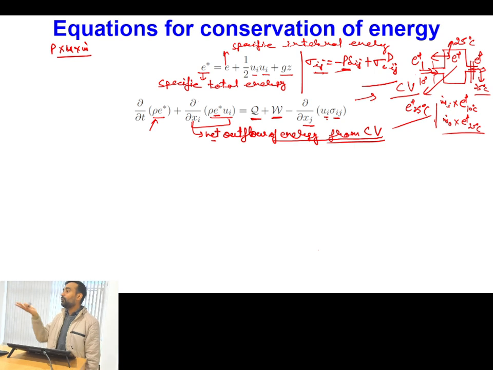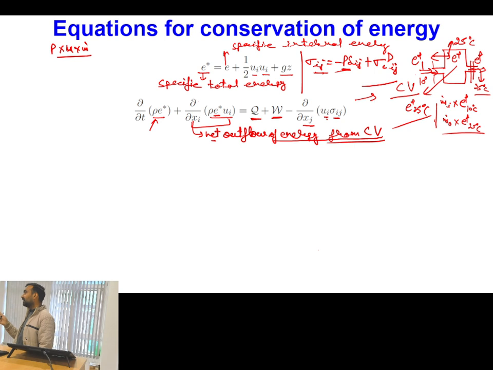And other than flow work, in thermodynamic analysis we do not consider anything else, because in thermodynamics we are dealing with equilibrium conditions and ideal conditions. But if you go into an actual scenario, then across the boundaries of the control volume there will be shear stresses, and whatever energy we apply to overcome these shear stresses, which is wasted in overcoming them, is called viscous dissipation.